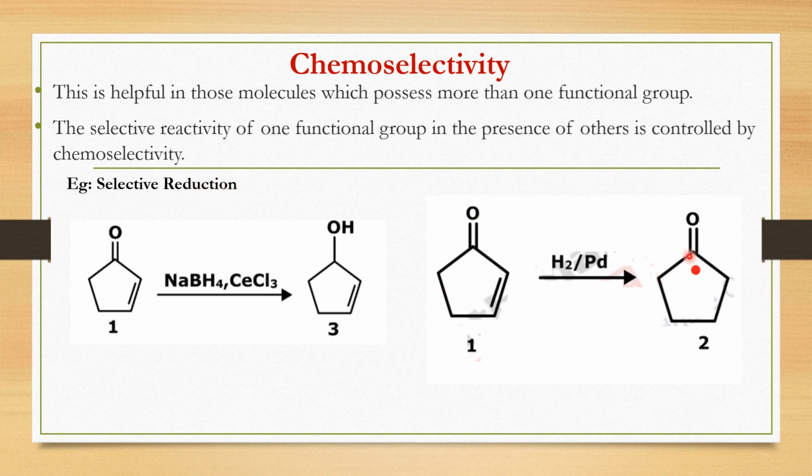We are selectively reducing C double bond C, whereas C double bond O is kept as it is. Is that clear to you? This is called chemoselectivity. Always remember, it is related to functional group conversion. When two or more functional groups are present, only one functional group is converted selectively. Hence it is called chemoselective.